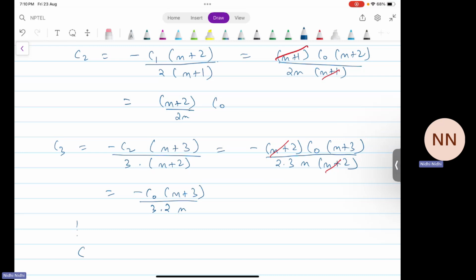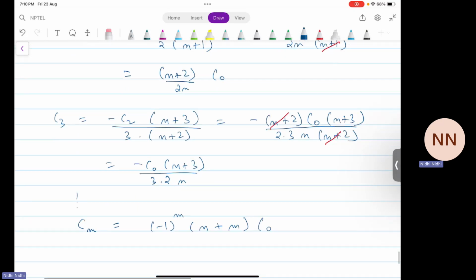So from here we can say that Cm is equal to minus 1 to the power m, n plus m C naught by m factorial times n.